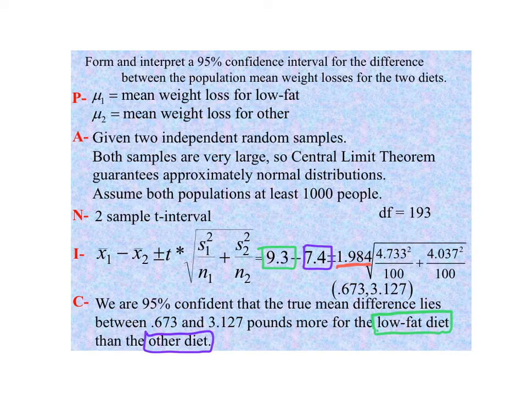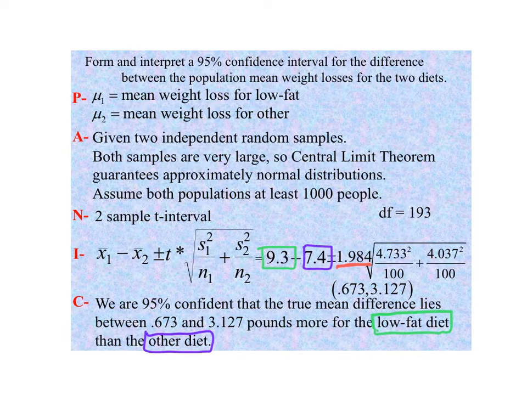So who had a higher weight loss? The low-fat diet. So we're going to say that the difference created a positive difference because we subtracted the low-fat diet minus the other diet. So there was more weight loss for the low-fat diet than the other diet. Okay?